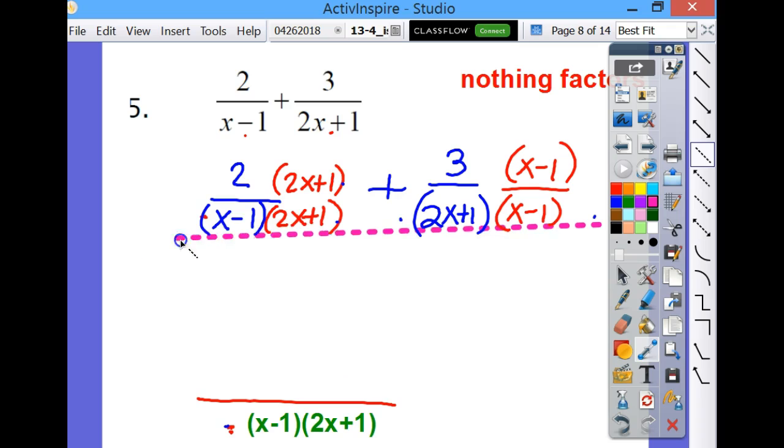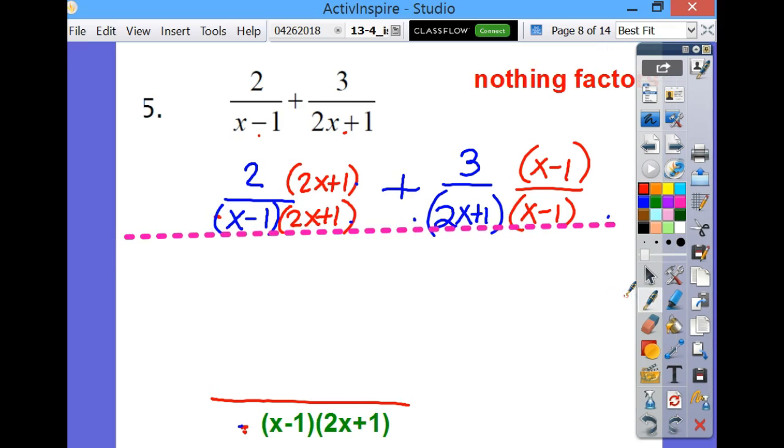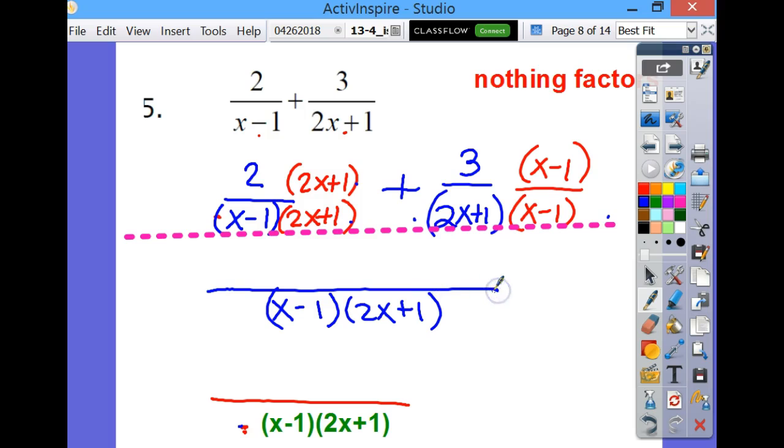Now, I'm going to put this across here to show that I am working on the next step. Do you see that they both have the same common denominator now? They're not in the same order, but they're the same factors. That is the common denominator, so I'm going to put my numerator over the same common denominator.